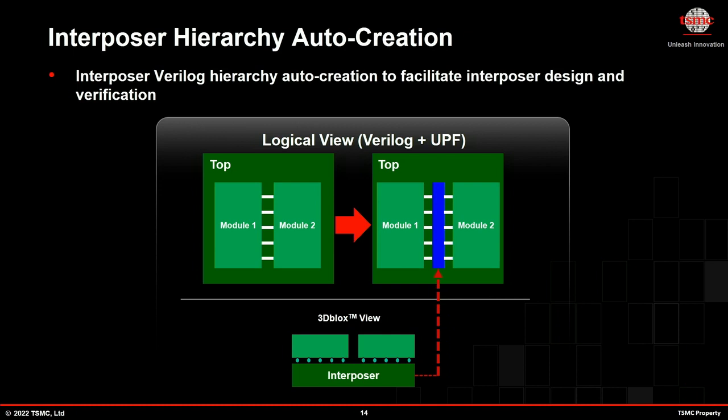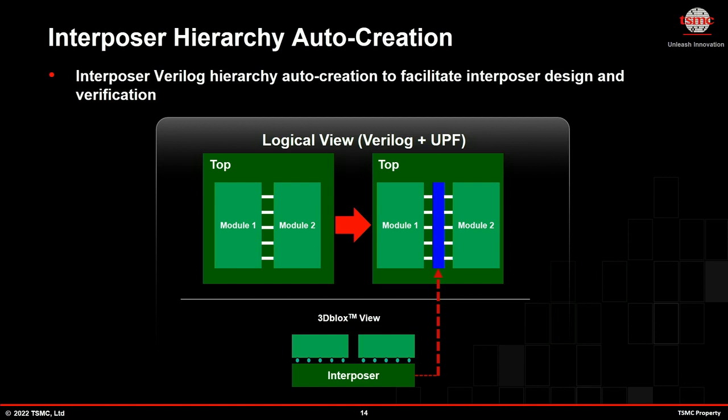And in the corresponding 3Dblox view, we define 2 chiplets on top of a silicon interposer. So it is important that we maintain the mappings between 3Dblox and the Verilog, so the EDA tool can automatically deduce a feed-through hierarchy for this Verilog.